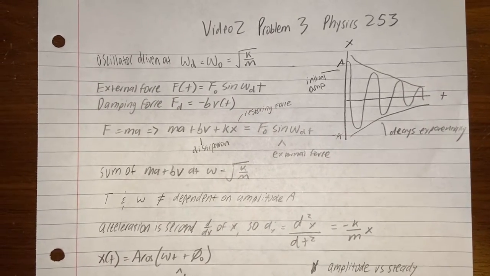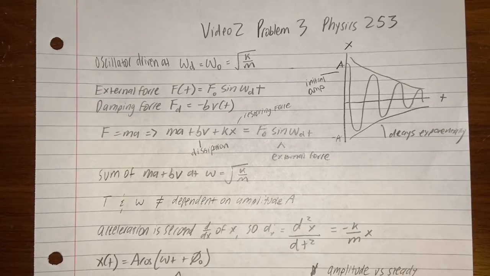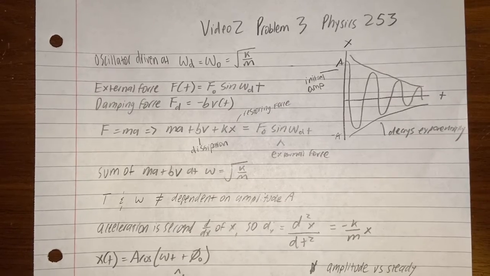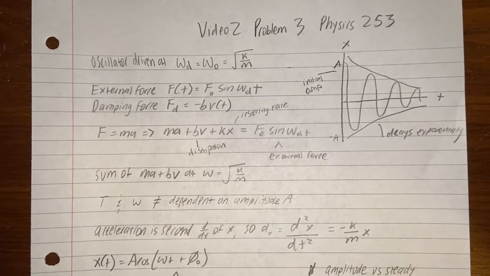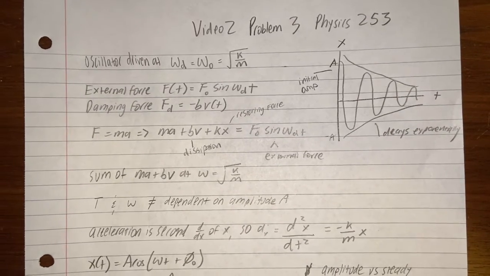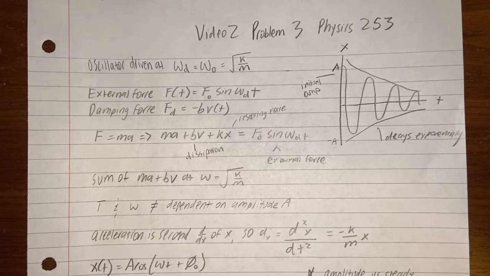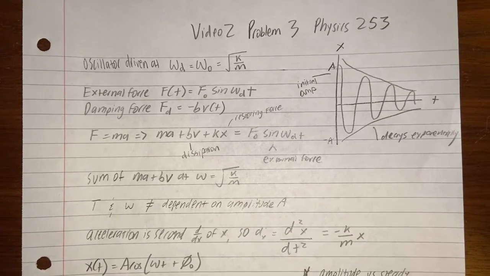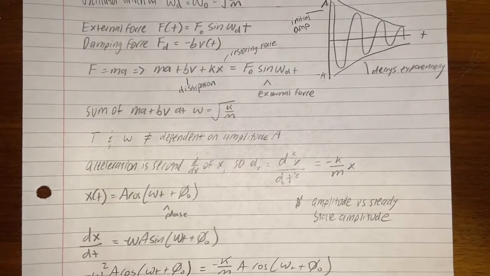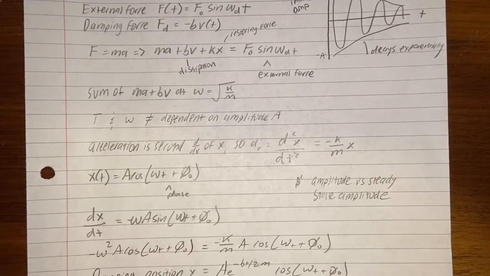So the sum of the ma plus the dissipation at an angular frequency, which is equal to the square root of the spring constant over m, we were supposed to find the significance of that, and I was having a little bit of trouble with it, but I figured that it has something to do with relating the connection between the dissipation force and the restoring force.